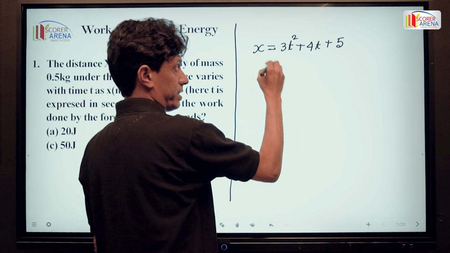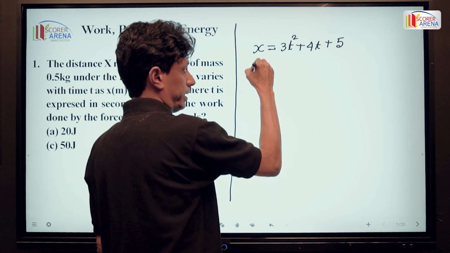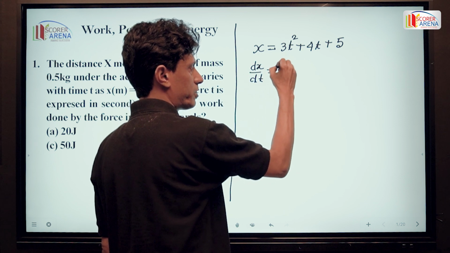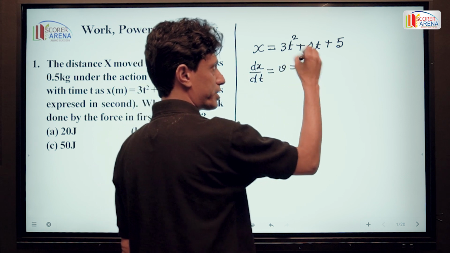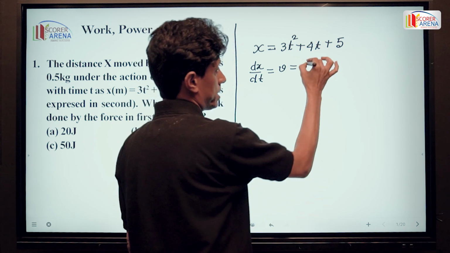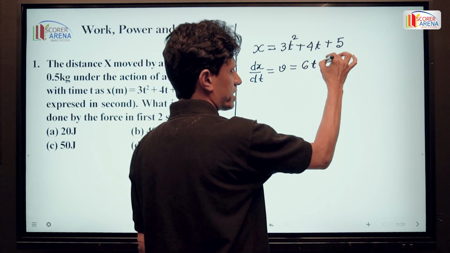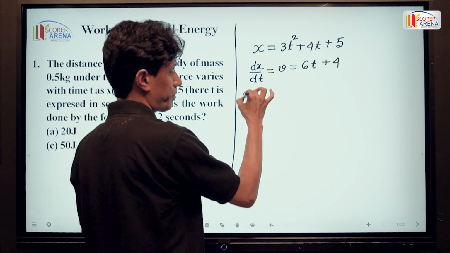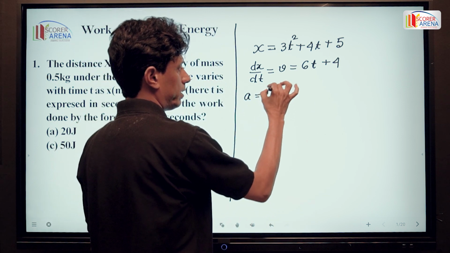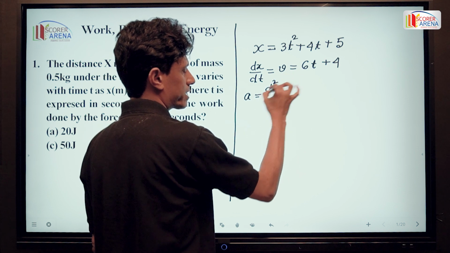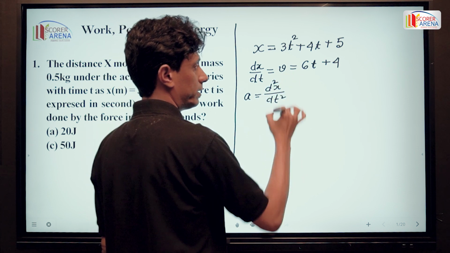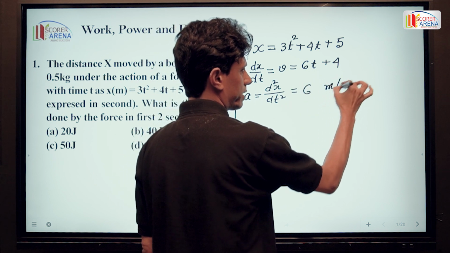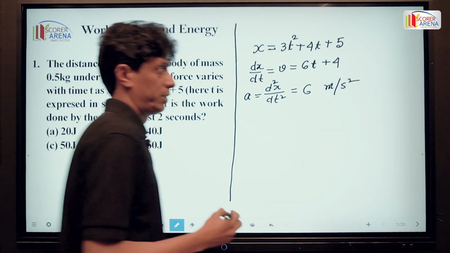We can find dx/dt, that is the velocity of the particle, by differentiating with respect to time: 6t + 4. Similarly, the acceleration of the particle, d²x/dt², is equal to 6 meter per second square.